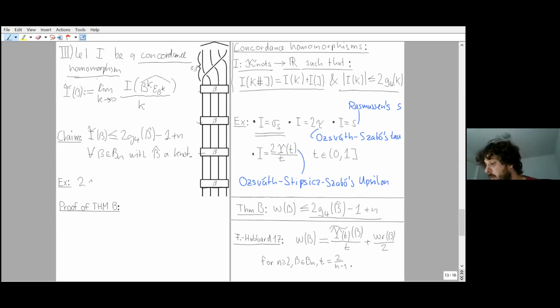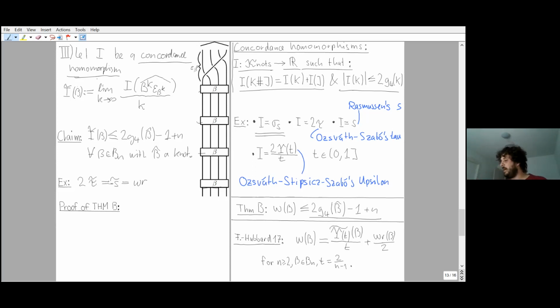So here's an example. If you homogenize tau, or for some convention reasons minus S, you get back the writhe. So maybe you know that both tau and S can be used to prove the slice-Bennequin inequality. And this is what this is. So if you take this claim and apply it to tau or S, you get back the slice-Bennequin inequality because their homogenizations are equal to the writhe.